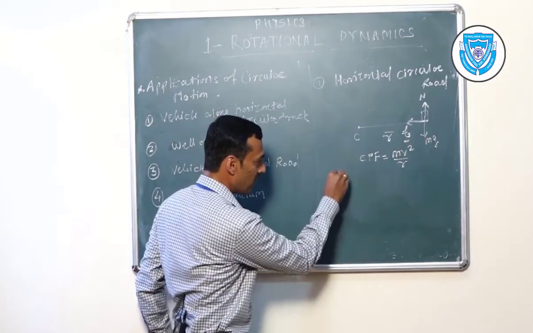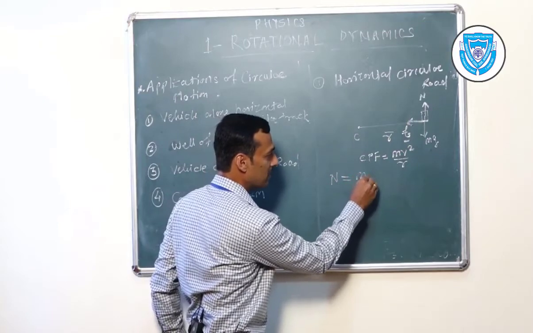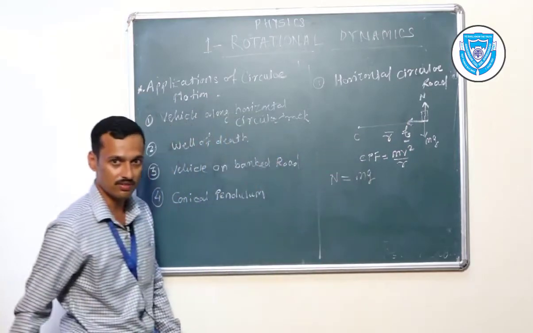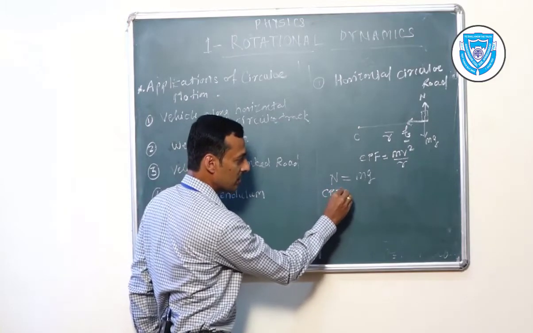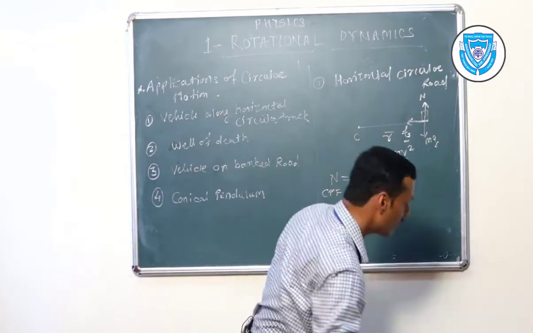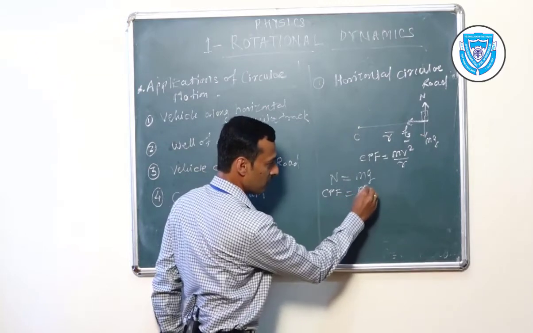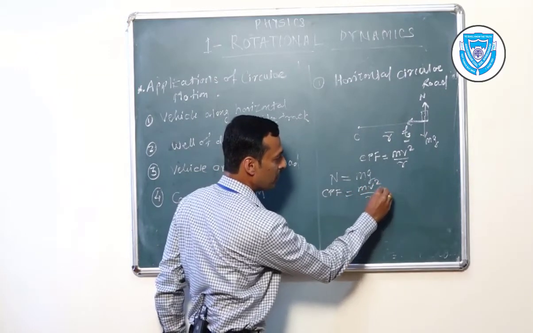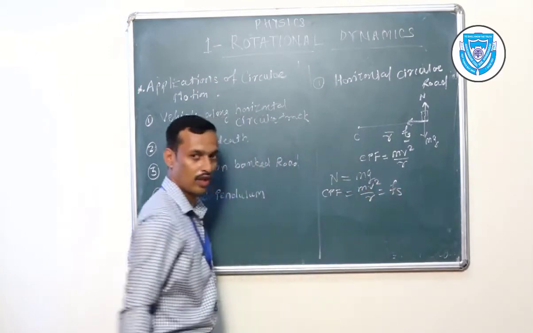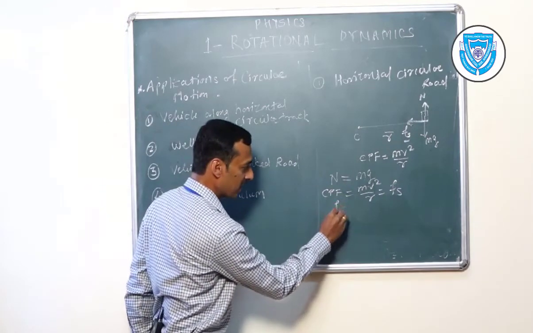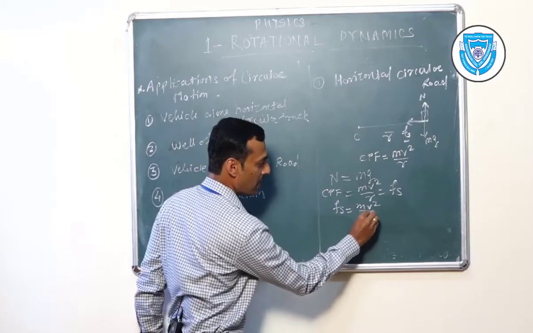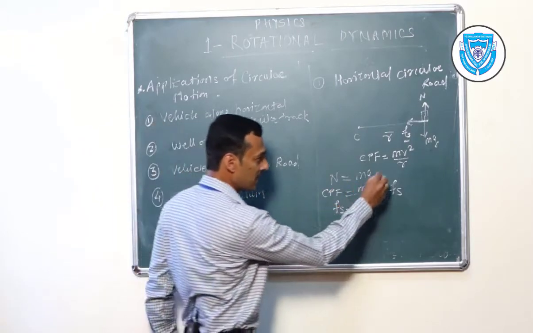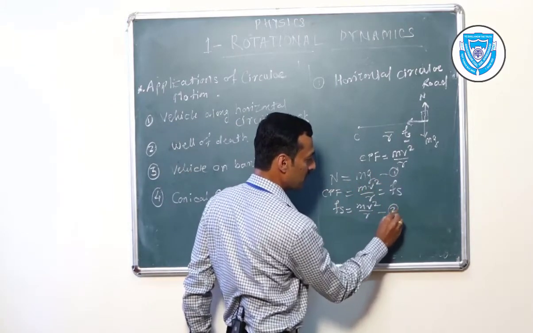So normal reaction n is equal to mg, and centripetal force mv square by r is balanced by Fs. For simplicity, Fs is equal to mv square by r. I call this equation number 1, and this one equation number 2.